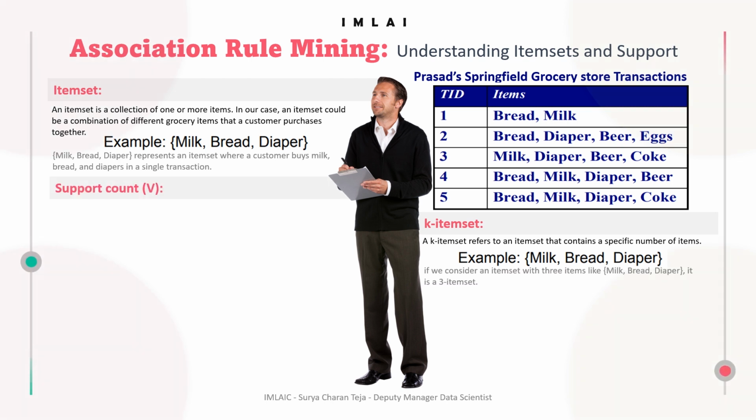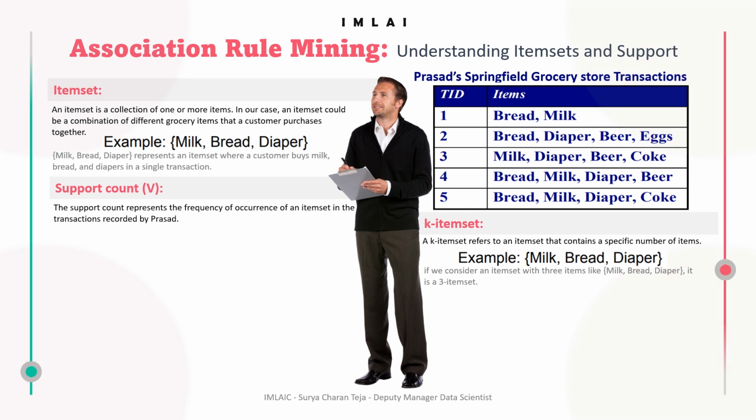Then we have the very important term, which is support count. The support count represents the frequency of occurrence of an item set in the transactions recorded by the shop owner or shopkeeper Prasad.